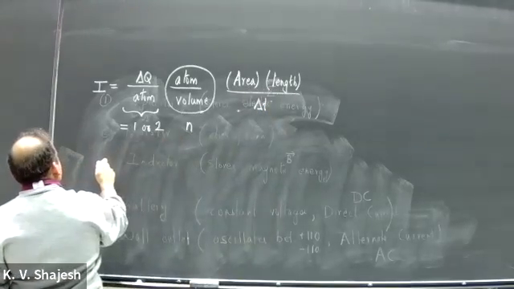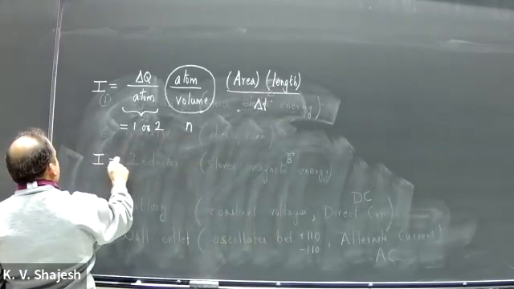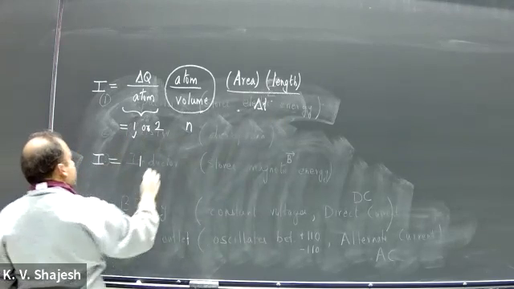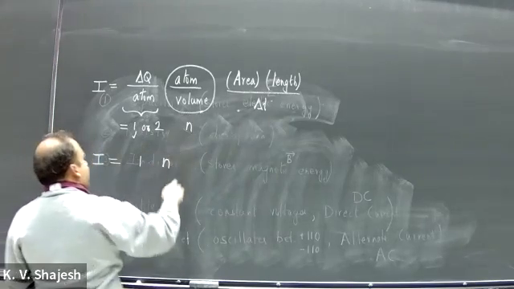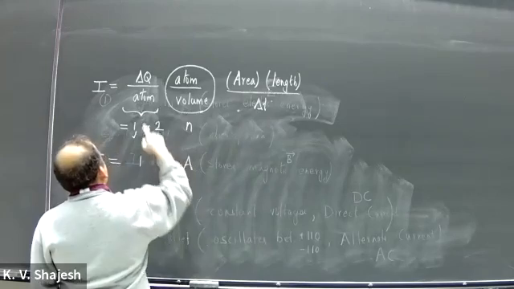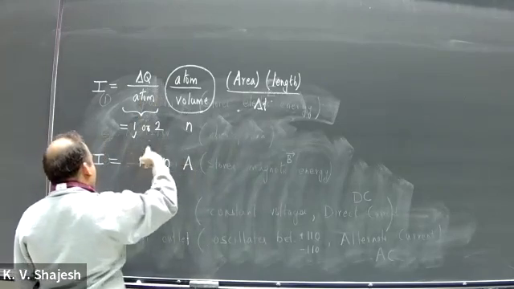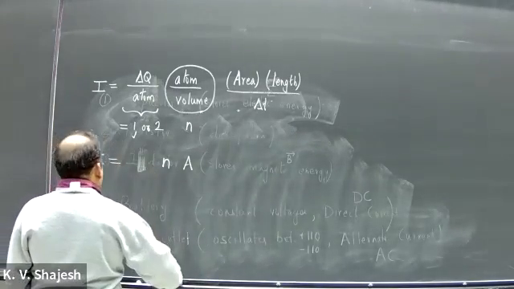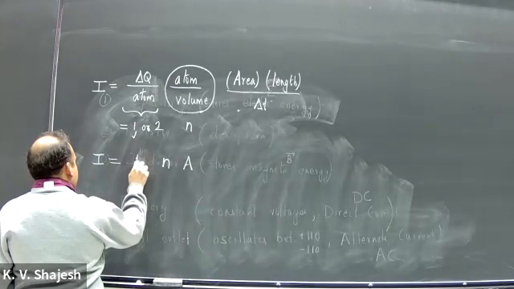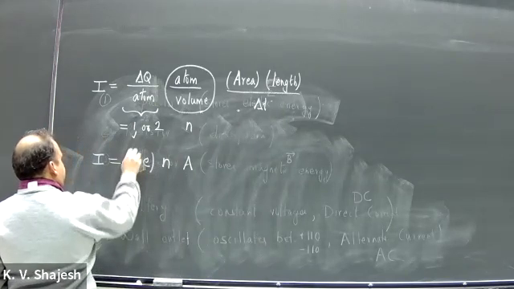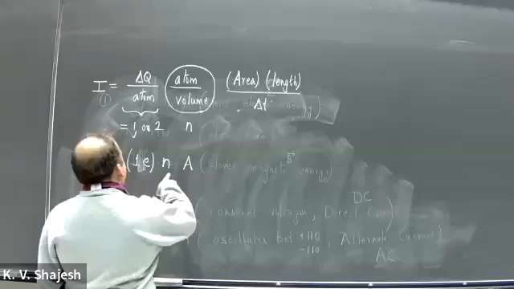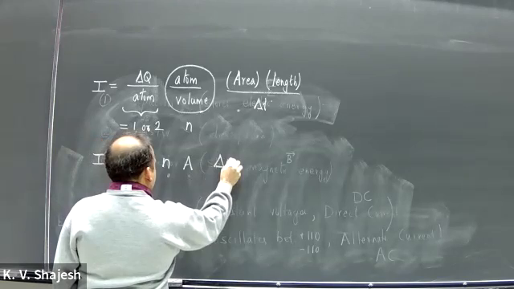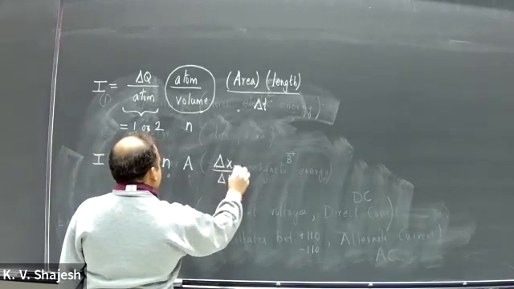So let me say, this will be I equal to 1 times N, and then there is A. And when I say 1, this is 1 electron, right? So I have to write the electron charge e for the charge. So that's 1 electron, the number of atoms per unit volume, that's the area, and we have delta X over delta T, the length.